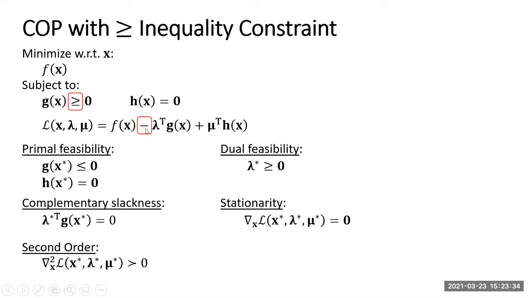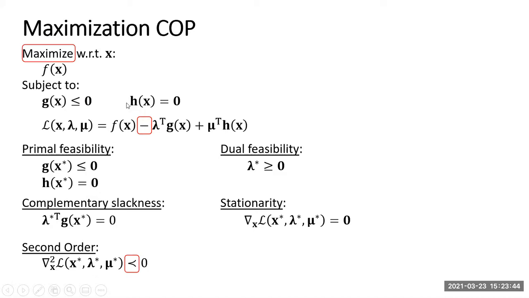I prefer this. If the constraint is greater than or equal to, I prefer to put a negative sign there. Now, if it were a maximization problem, this is the second order condition, negative semi-definite. And we put a negative sign here too.